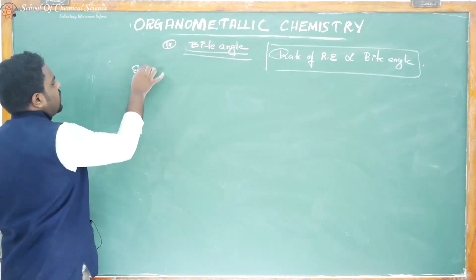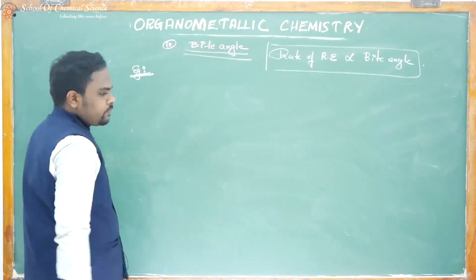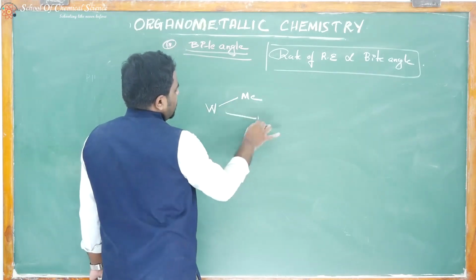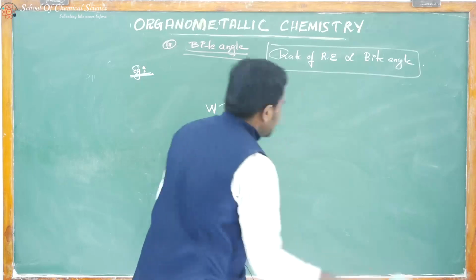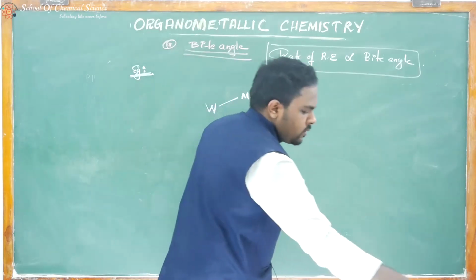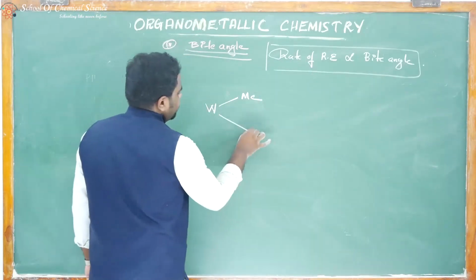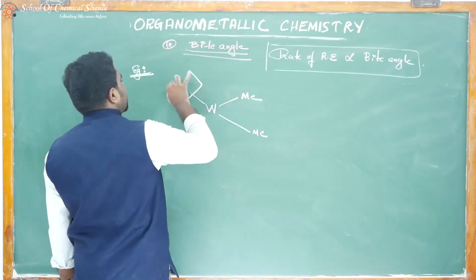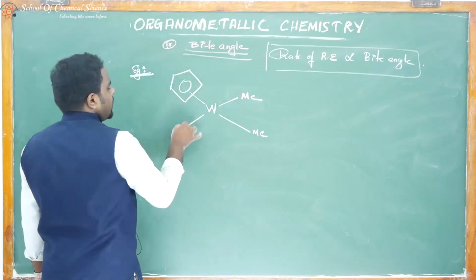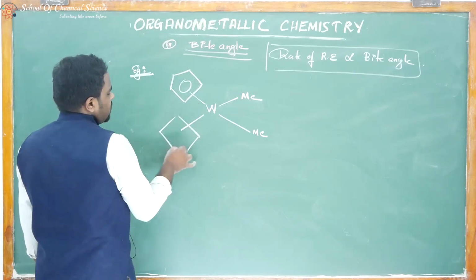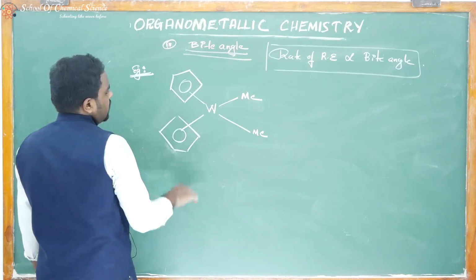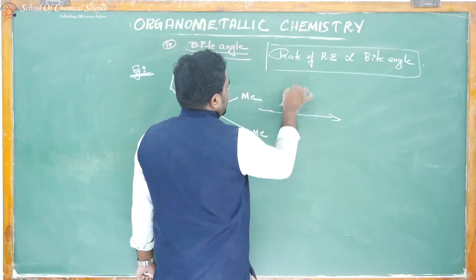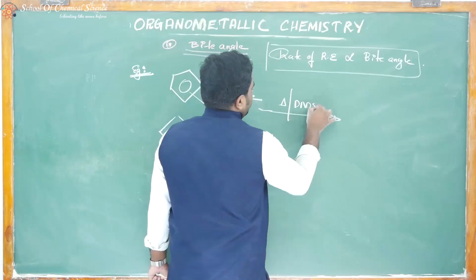For example, write a question. Tungsten with a methyl group, here a Cp ligand, here another Cp ligand. Okay, heating in the presence of a DMSO type solvent.